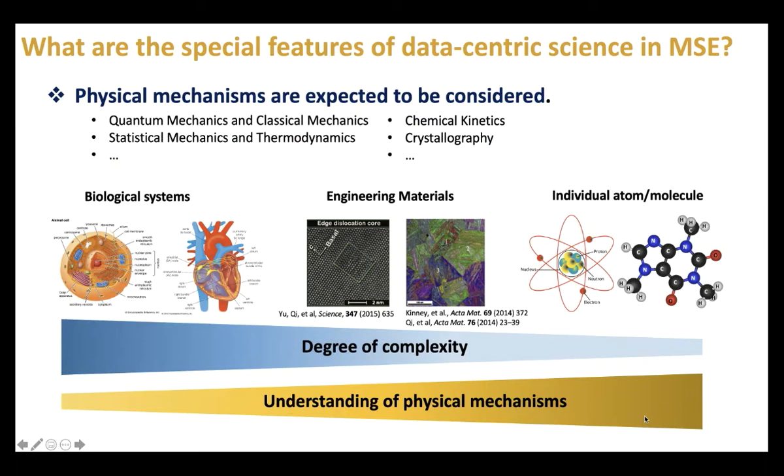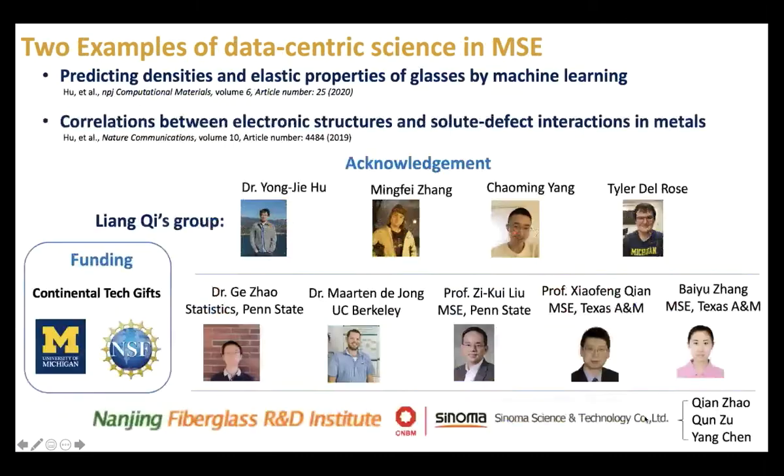On the other hand, it is still too complex to derive analytic models. So we hope the data-centric science tools combined with the physical mechanism can speed up our understanding and prediction of new materials. So today, I would like to give two examples corresponding to these two features.